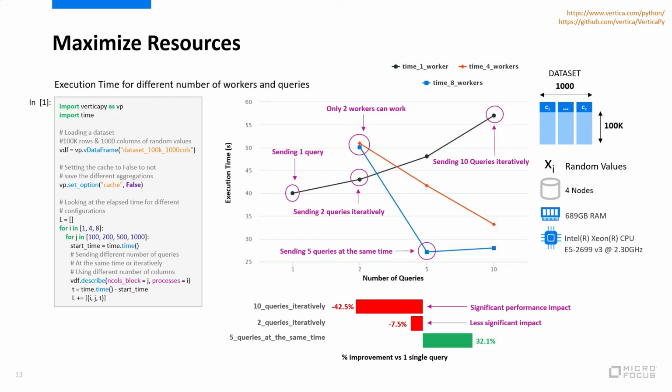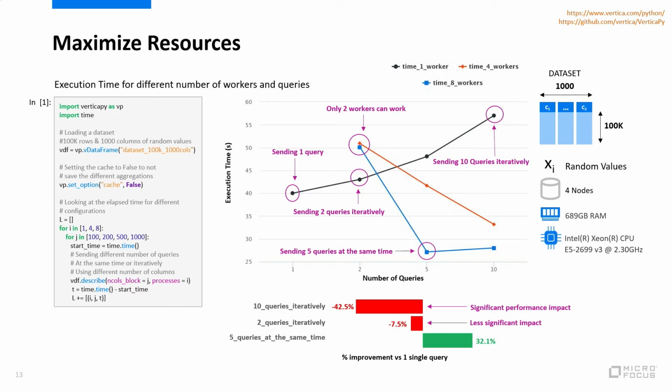So knowing this, you should find, in your own system, which technique is suitable for you. Maybe you have too many concurrent users and you don't want to send 20 queries at the same time. Maybe you want to send them iteratively. Or maybe you have enough resources and you want to win in performance, and then you will send them at the same time.